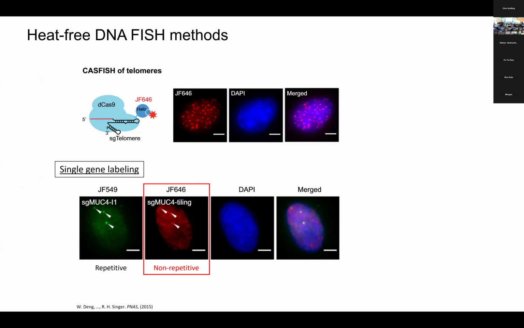It has been demonstrated that this method is pretty effective at labeling repetitive sequences, such as telomeres, and also repetitive sequences in a single gene. However, it's pretty hard to use this method to see non-repetitive sequences because of the lack of signal amplification.